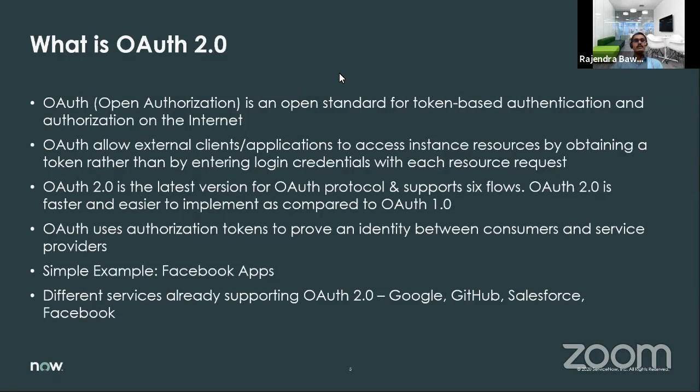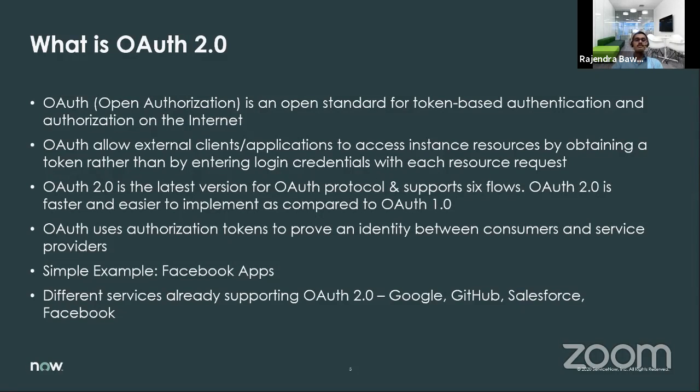The main concept behind OAuth 2.0 is token-based authorization. It uses tokens to prove an identity between the consumers and the service providers. A simple example is a Facebook application. Consider you are using an application and it asks you to share your profile pictures. Here Facebook is the service provider, and it has your login credentials and password.